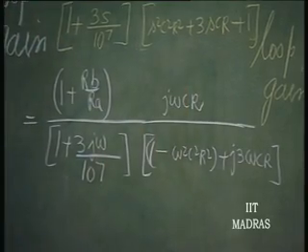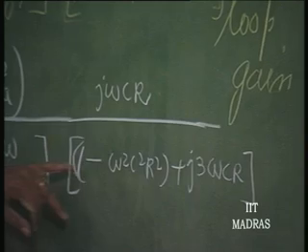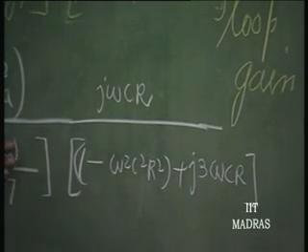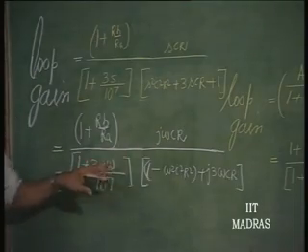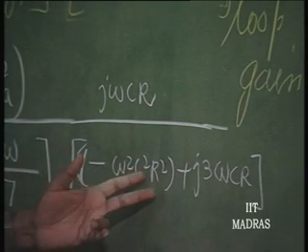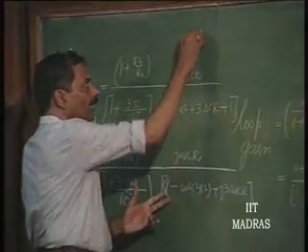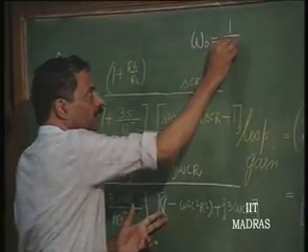So, as you can see, the phase shift of this part, forget about this. This is the non-ideal part. In the ideal part, phase shift of this becomes equal to 0 at omega C R equal to 1, or omega naught is equal to 1 over CR.